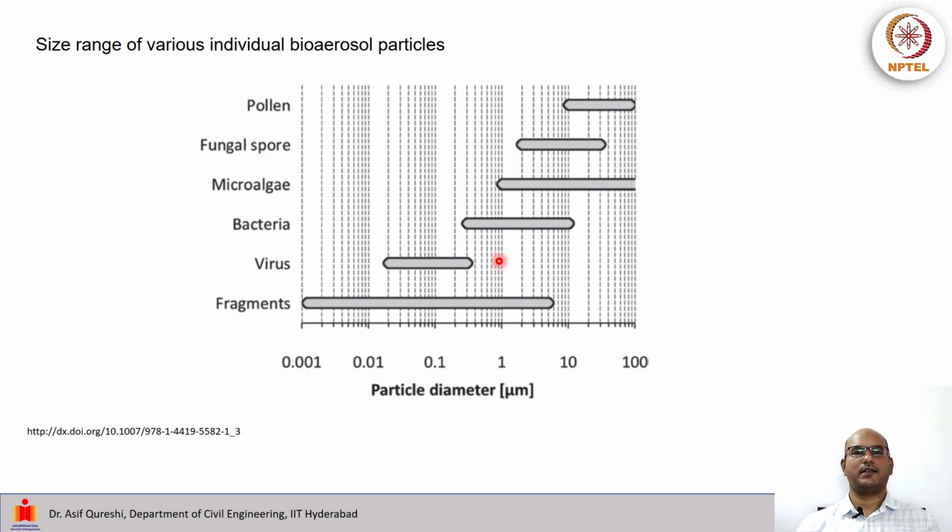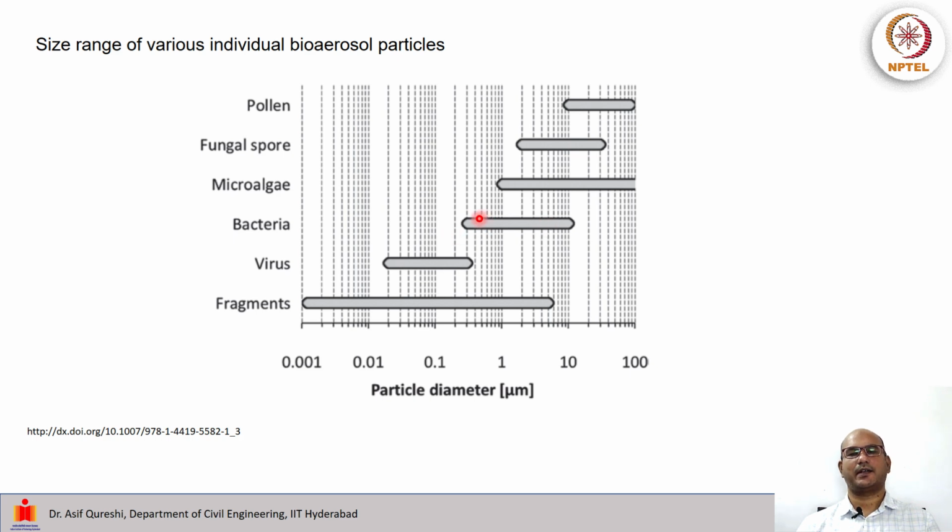The microalgae can be from 1 micrometer to more than 100 micrometers. Then the bacteria can range from 0.3 micrometers to more than 10 micrometers.